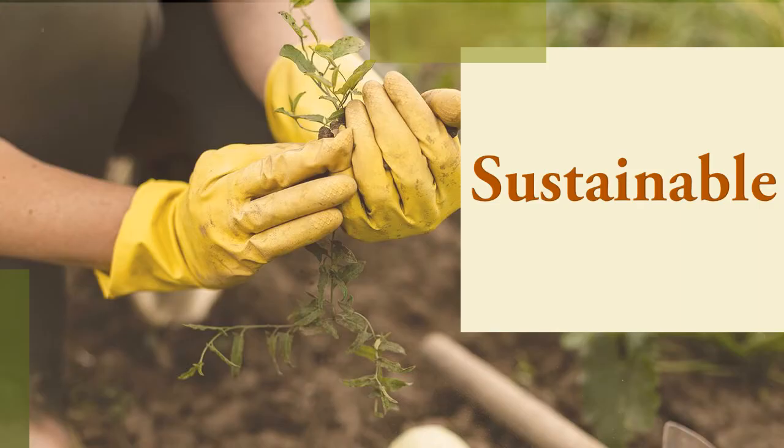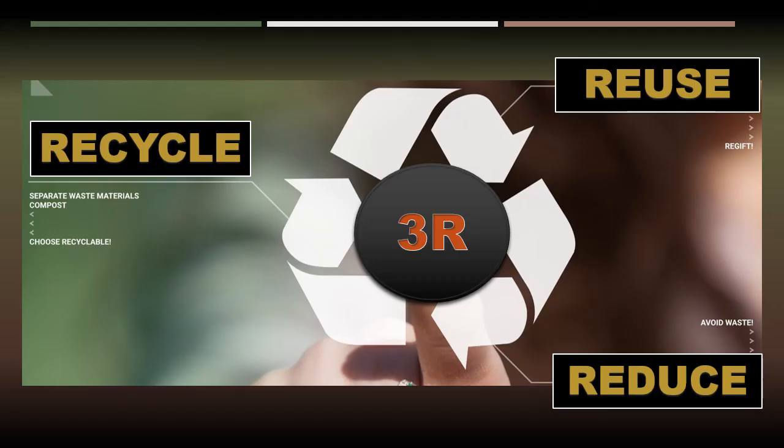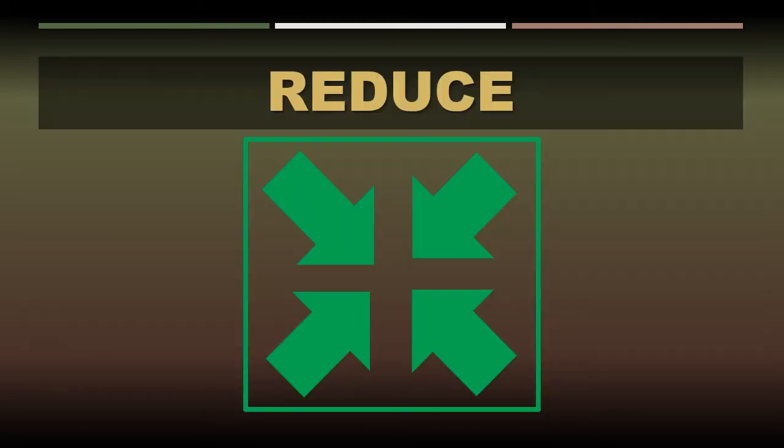How to use plastic sustainably. To use plastic sustainably, in this presentation I would like to talk about the 3R, which consists of reduce, reuse, and recycle. Let's start with reduce. Reduce means minimizing the unnecessary resources you are using.